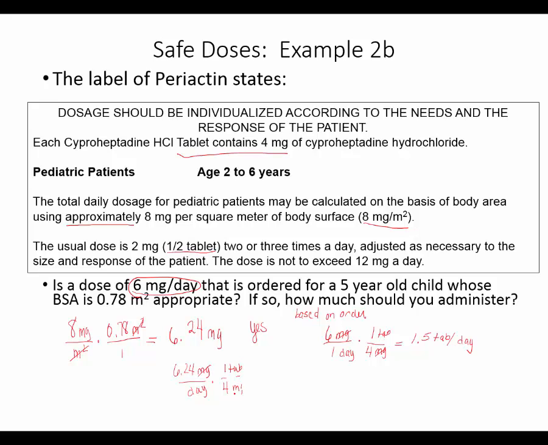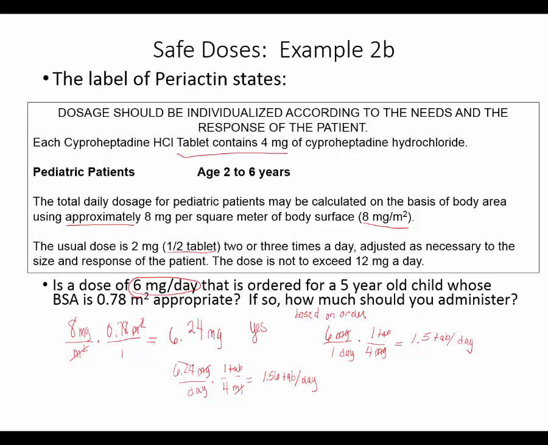Doing that math would give me an answer of 1.56 tablets per day. And because we're dealing with tablets, that's not a feasible dose. And that's why the doctor rounded the 6.24 to the 6.